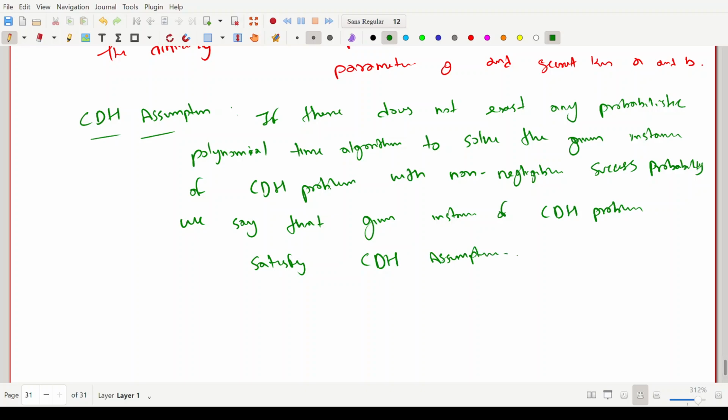What is the assumption we are taking? That there does not exist any probabilistic polynomial time algorithm to solve this CDH problem, and we call it the CDH assumption. Similarly, the DL assumption. What is the DL assumption?